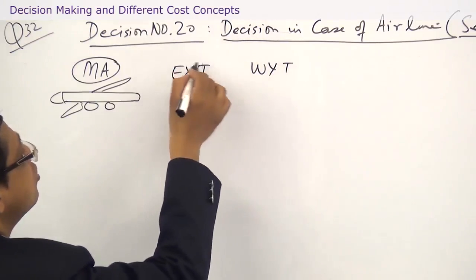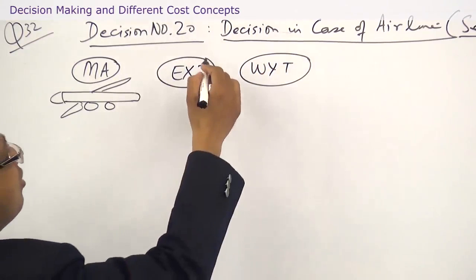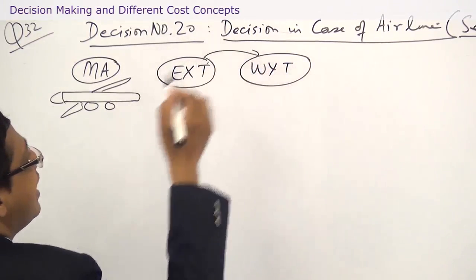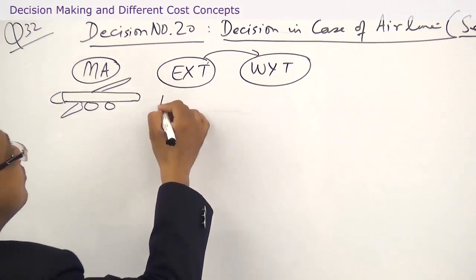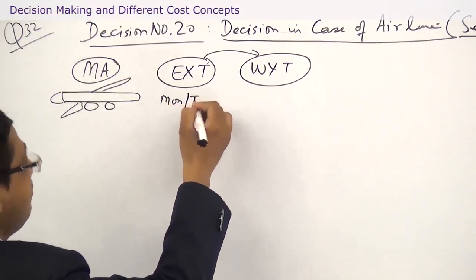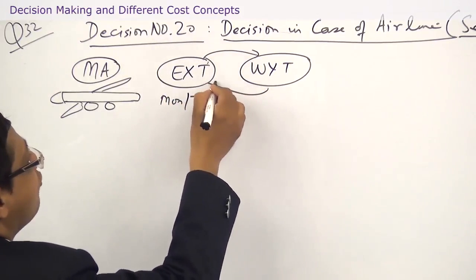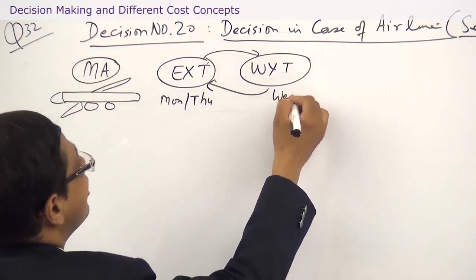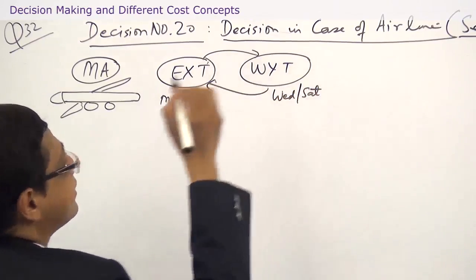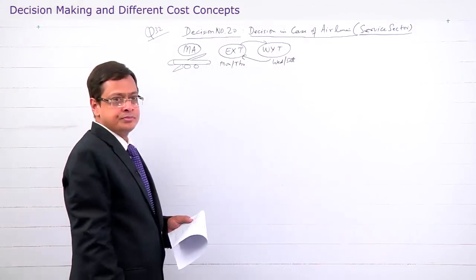So, these are two cities. It flies to X town on certain days, which is Monday and Thursday. It flies to Y town on certain days, which is Wednesday and Saturday. So, this is the scenario.